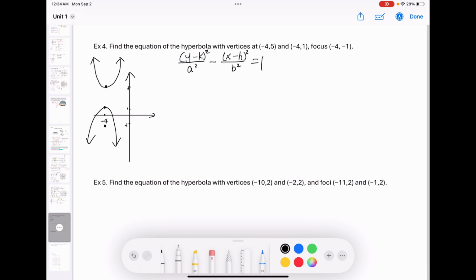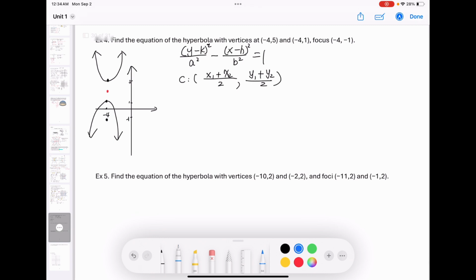So to find the h comma k, I can find the point between my two vertices. Finding this red point, we can say the center is at x sub 1 plus x sub 2 over 2, and y sub 1 plus y sub 2 over 2. So x sub 1 is the x value of this point. x sub 2 is the x value of this point. And y sub 1, y sub 2 are the y values of these two vertices.